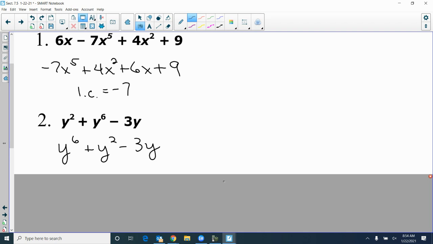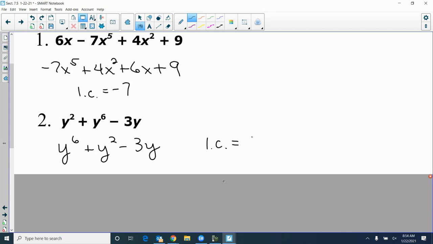All right, now be careful here. Leading coefficient. Preston, any ideas? Would it be y? No, because y is not a coefficient. A coefficient has to be a number. So the leading coefficient has to be a number. Just 3? No. 6?